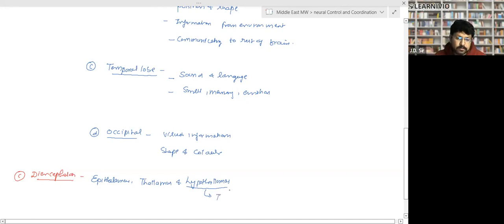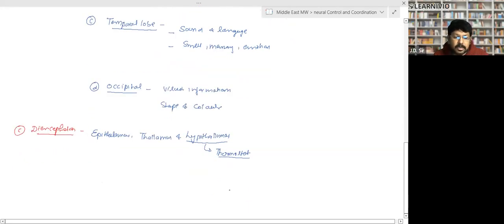This is called the thermostat of the body. It keeps body temperature at roughly 37 degrees centigrade.